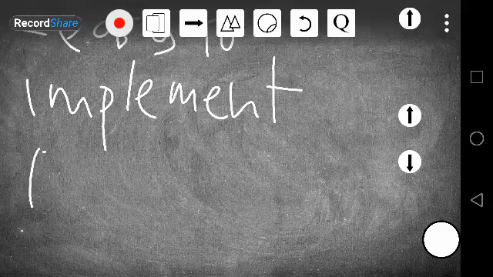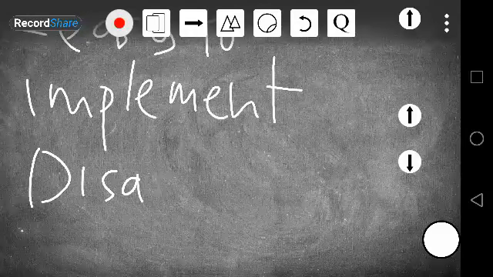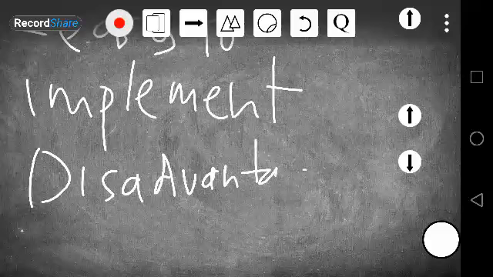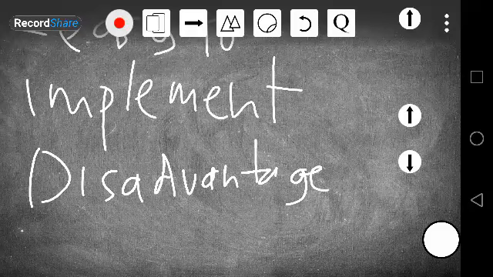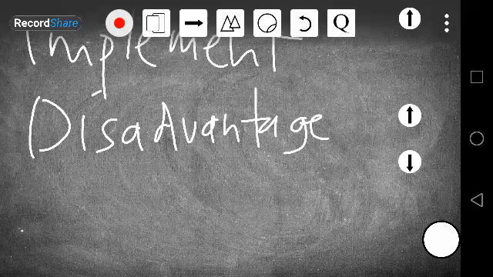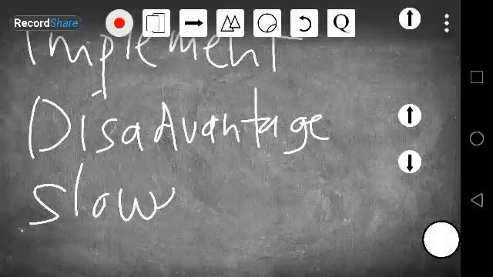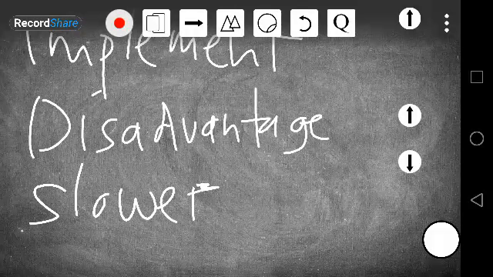Then let's look at the disadvantage. It is slower when compared with the Harvard architecture. This one is slower, okay, because it has one data bus. So in the first cycle, you need to fetch the instruction, the opcode.